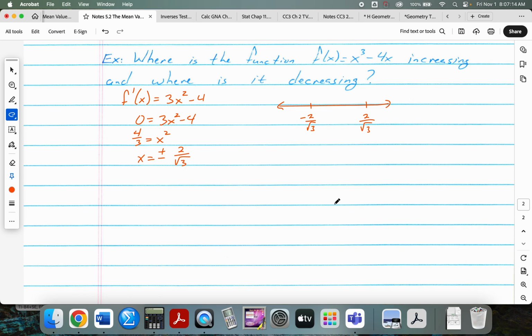Notice because this is a continuous function, the intermediate value theorem applies, right? So I know that f prime is 0 at each of these places. So that's a potential point for f prime to change from positive to negative or negative to positive. It's not always going to happen, but potentially it could, right?